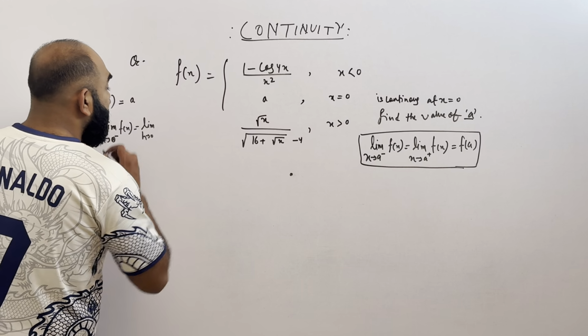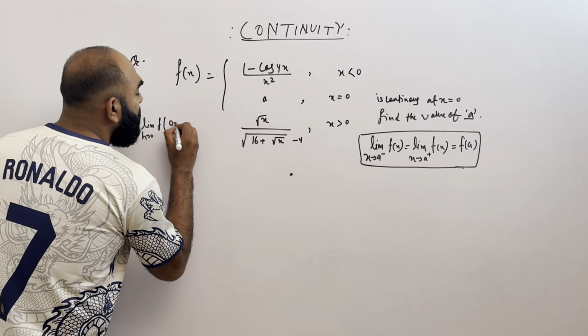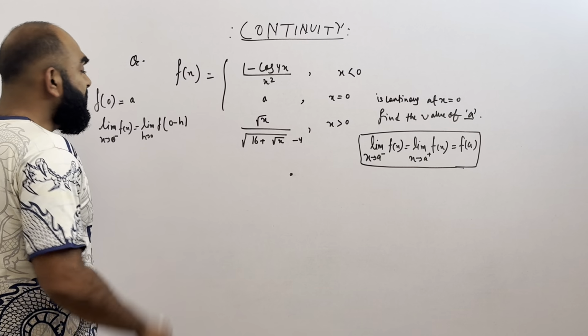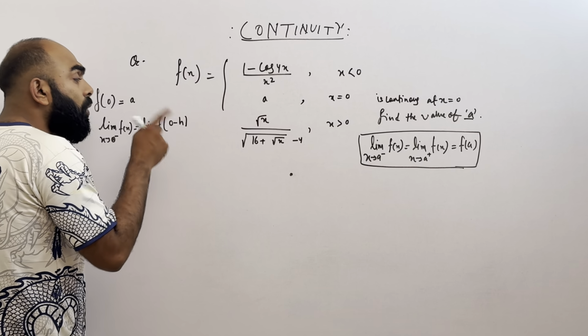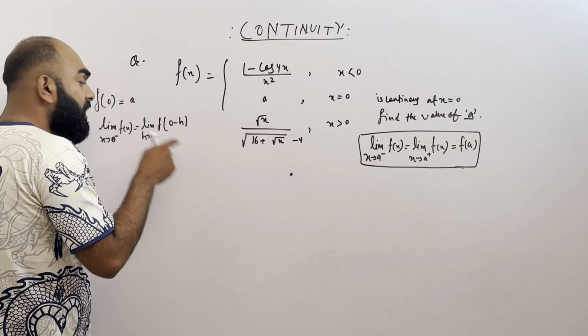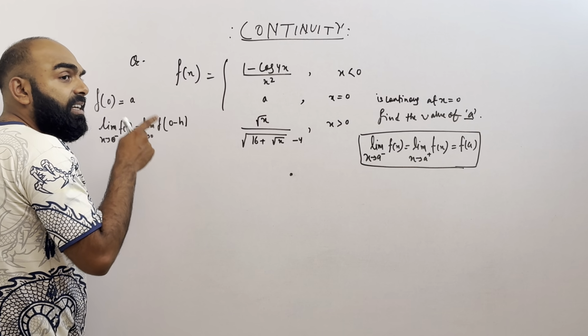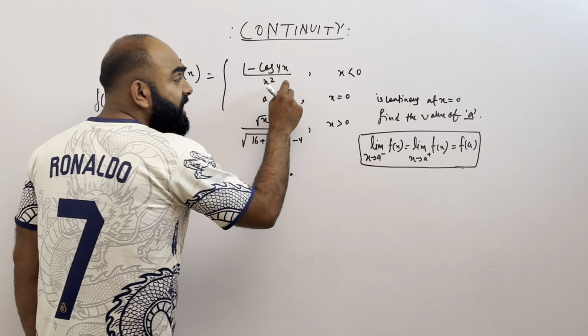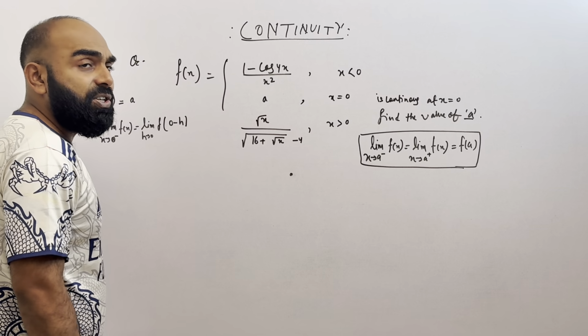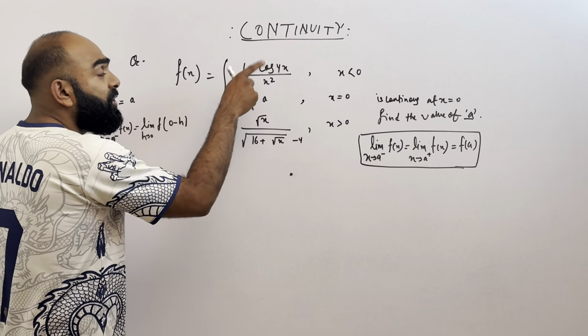Yes sir. So limit h tends to 0, we have f of 0 minus h. This expression says go in the function which is defined for less than 0. And in place of x, keep 0 minus h.